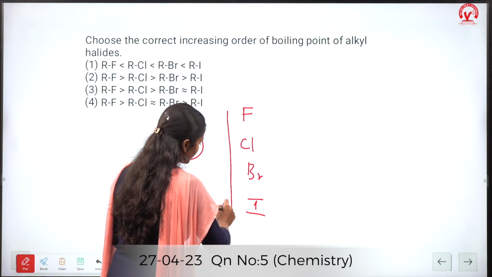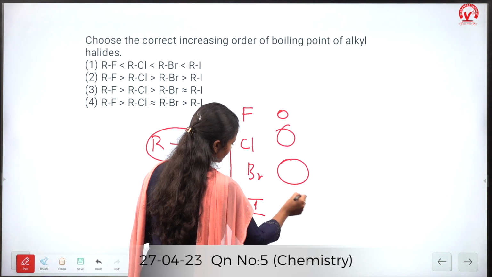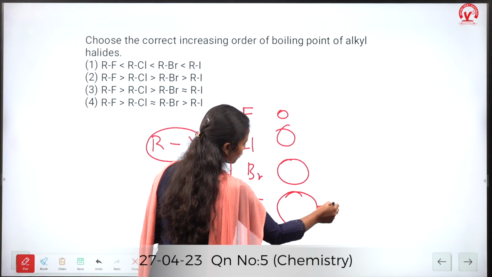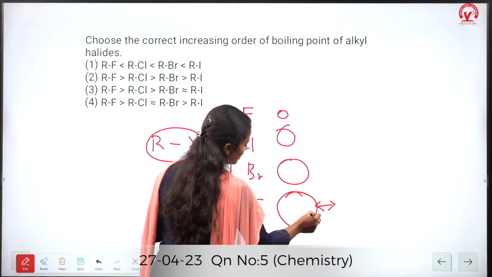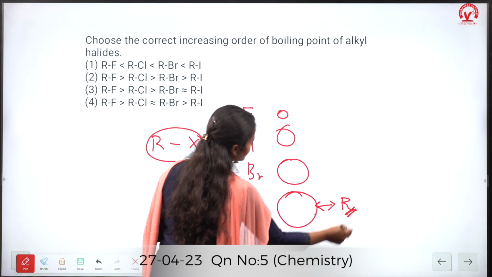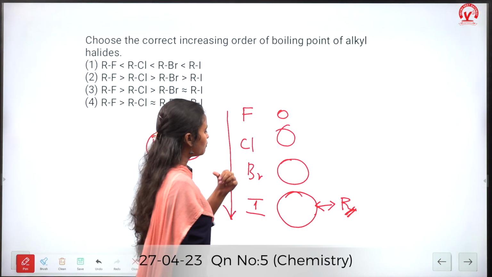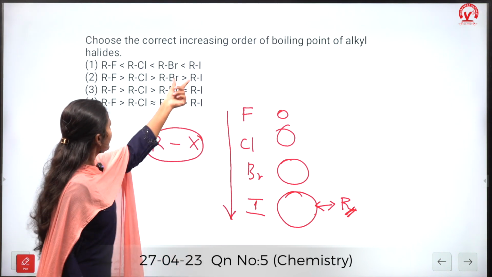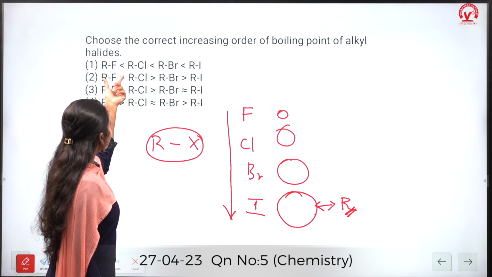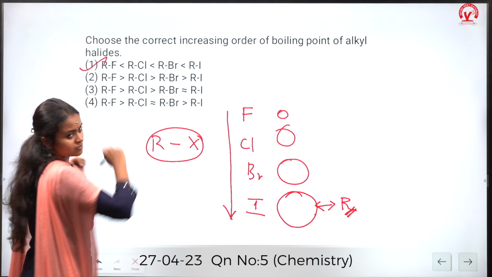Down the group, the size of the atom increases, so the intermolecular force between the halogen and alkyl group is also stronger. This leads to a higher boiling point. So the increasing order of boiling point is RF, RCl, RBr and RI. So option 1 is correct.